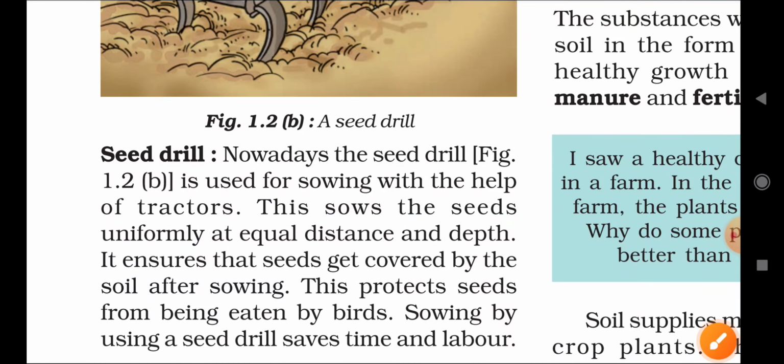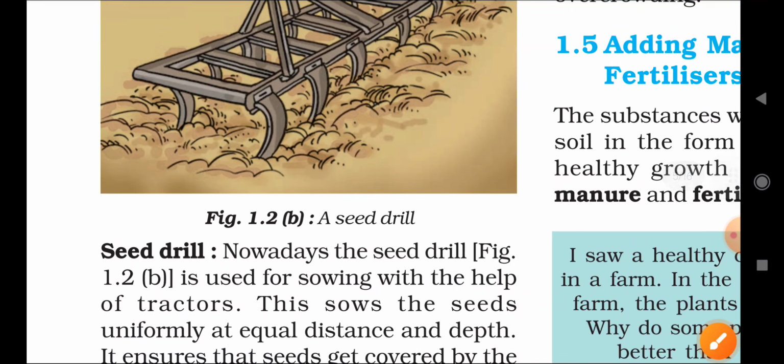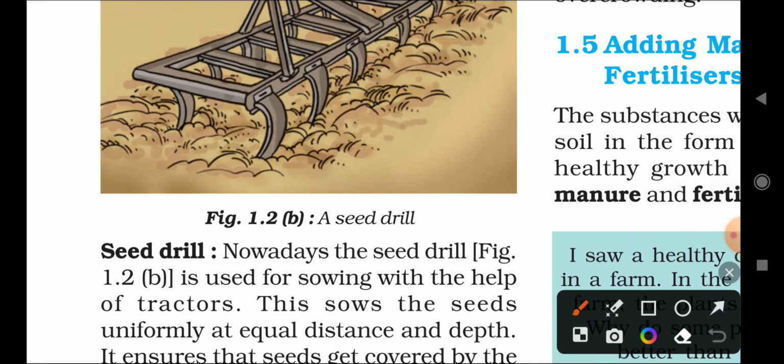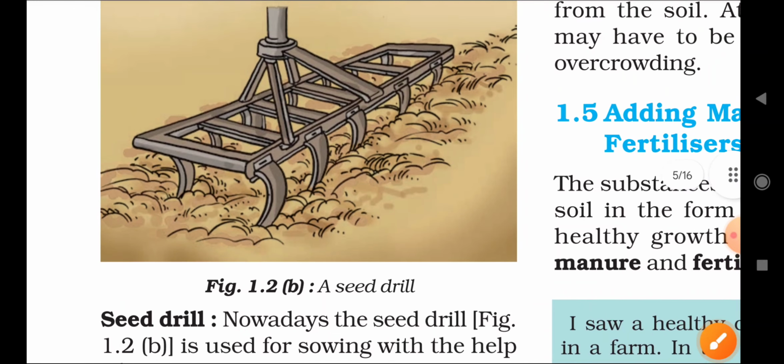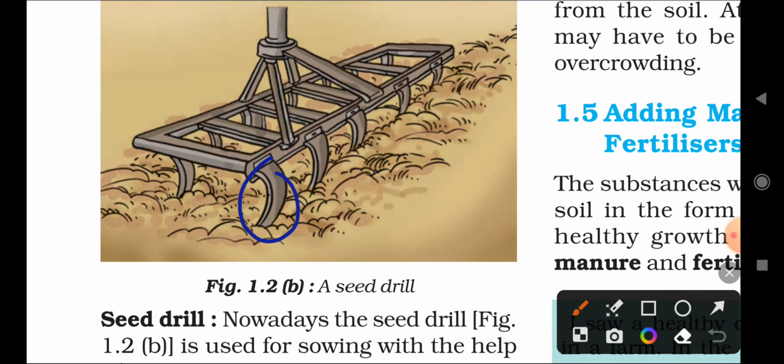The main advantage of this method is that each seed is placed in the soil at a certain distance. We can observe clearly from this figure that the nodes of this drill have a fixed distance between the two nodes, or rods. So seeds can be placed at a minimum distance.